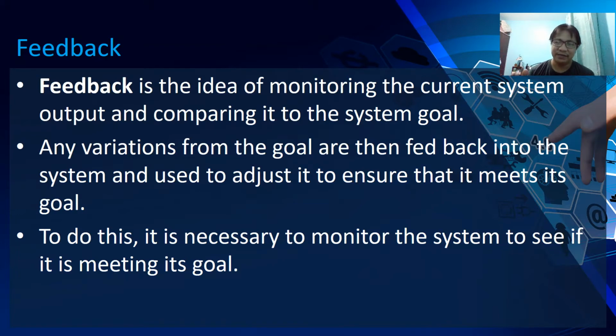For example, in TUP, after the system in enrollment is implemented, it will be monitored, and then the users using the system, the registrar and accounting, once they use the system that is already implemented, they need to monitor if all of the requirements of the school are met.